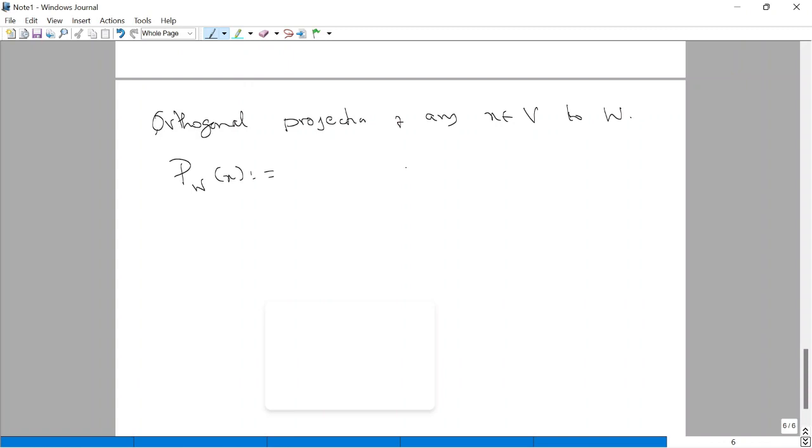We have already fixed an orthogonal basis W1, W2, ..., Wk of W. Therefore, you take the W1 component, W2 component, up to the Wk component, which is the inner product of x with W1, and so on, up to the inner product of x with Wk. Notice that this is an element of W. Is that clear? Now what I want to claim is, let us look at the vector x minus P_W of x. I want to say it belongs to W perp.